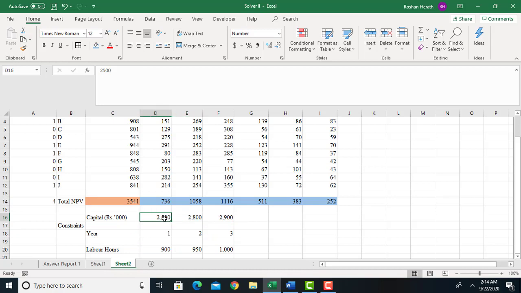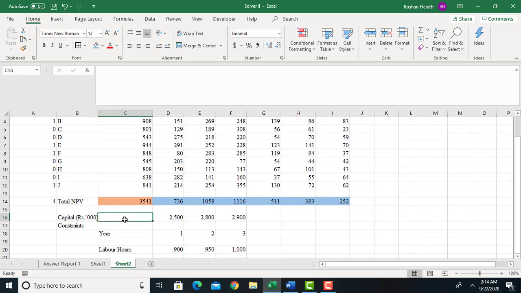So it's 2500, 2800 and 2900. So basically that is the availability. I can take that, it is the availability of capital.